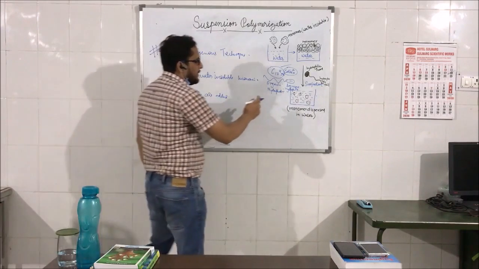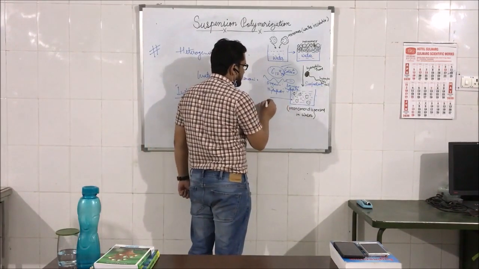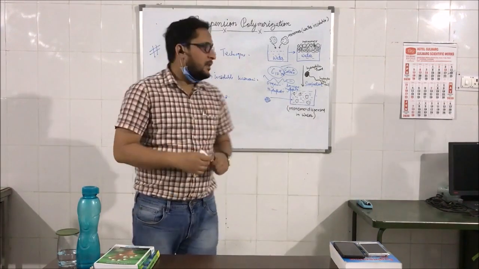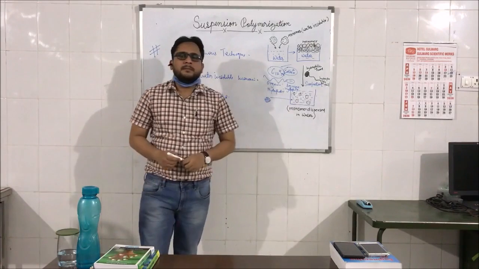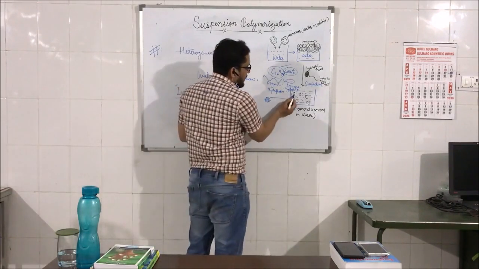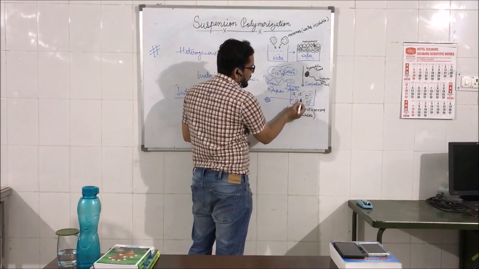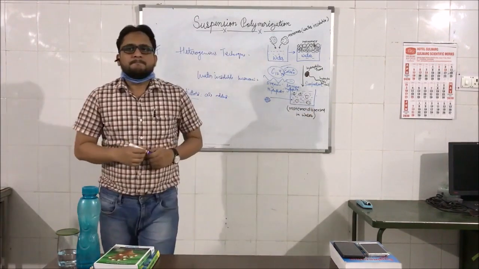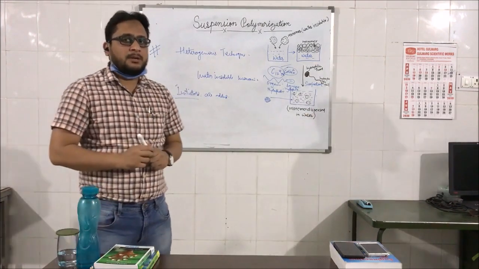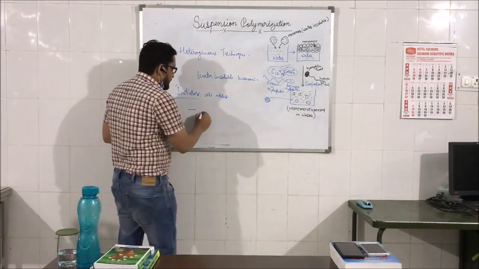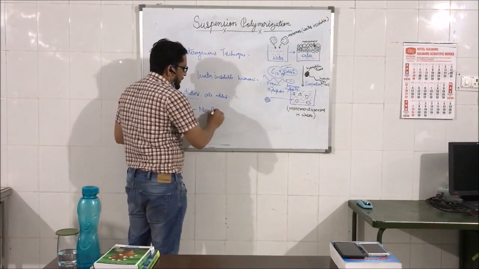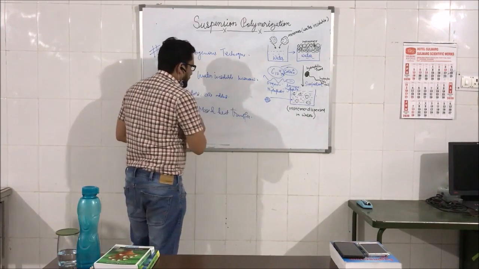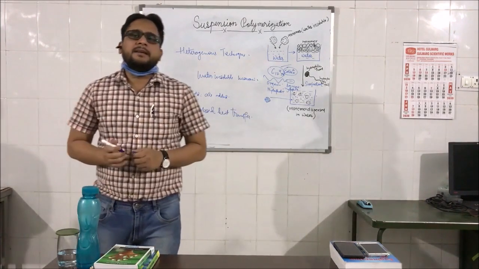So as soon as the initiators are added, they travel through the solvent medium and reach the surface of the monomer droplets. Because the solvent is water, please note that this technique has very good mass and heat transfer.